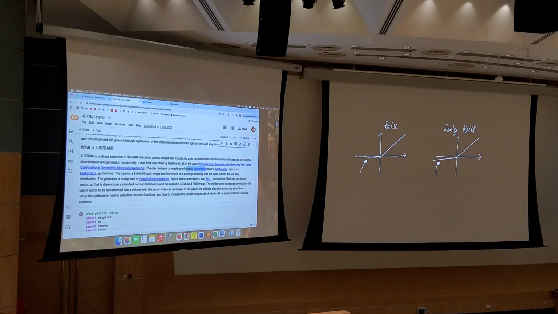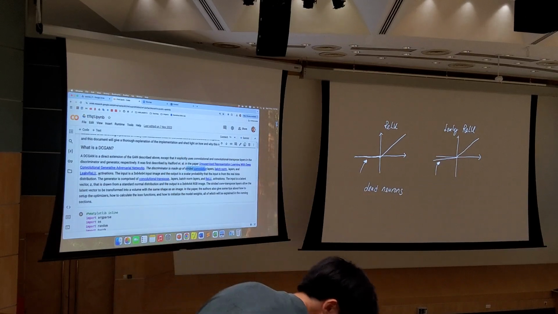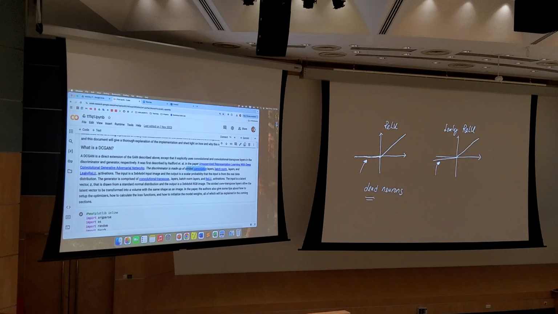ReLU has the problem of so-called dead neurons. It would lead to dead neurons occasionally, which means the neurons don't update anymore. When it enters the negative region, it cannot learn anything anymore because it's 0 activation, so no more gradients can flow through the neurons.